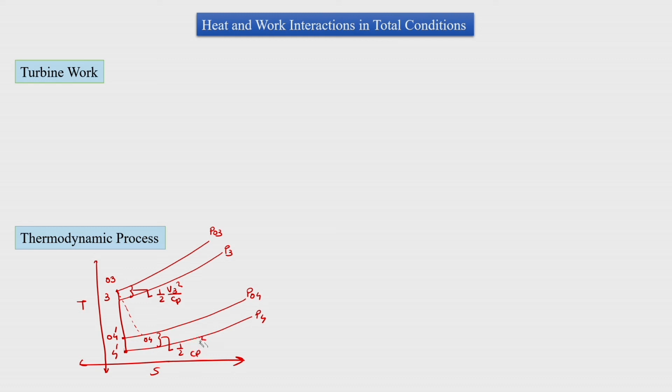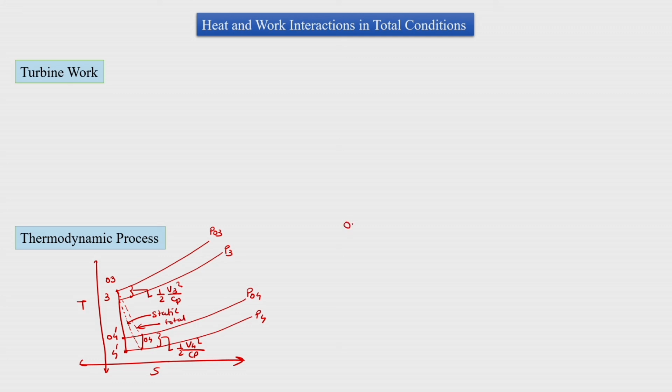So this is how we can get the total conditions at different stations, and this is the representation for the case where this internal is for static and this external is for total.